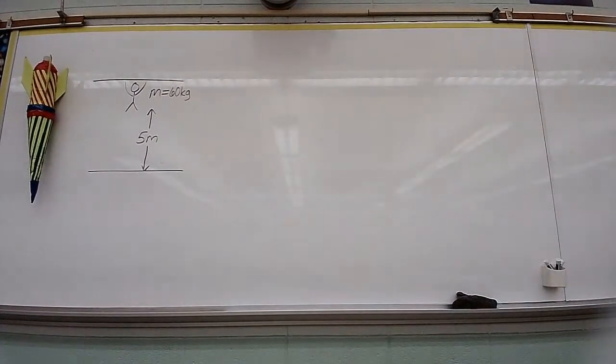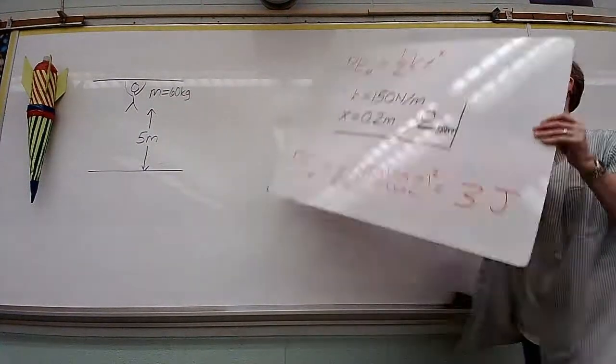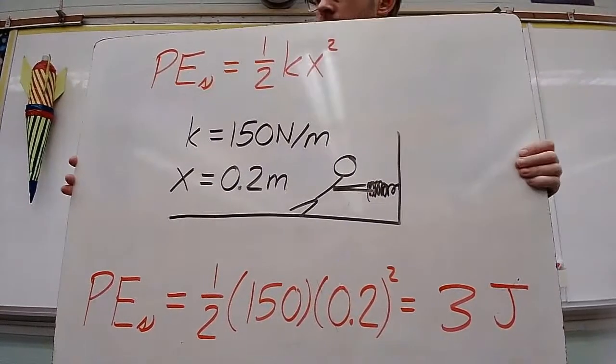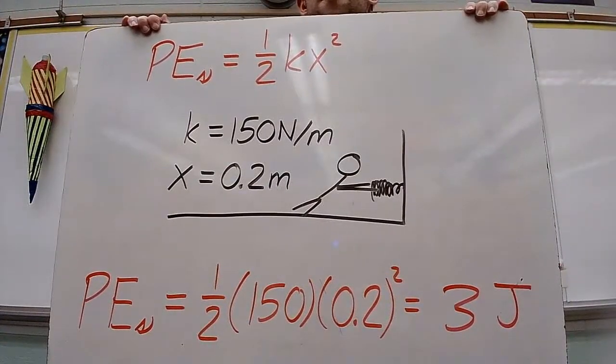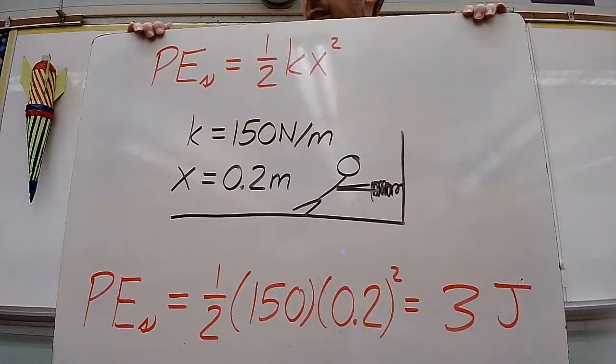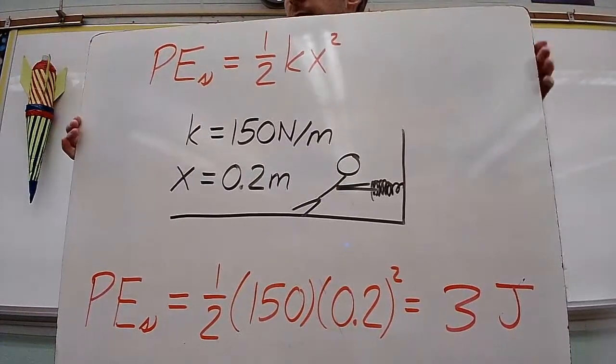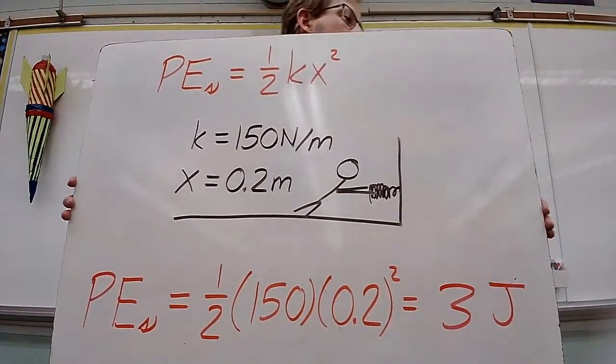The next example that you can do is this one. This is how to find spring potential energy. This guy's pushing on a spring that's attached to a wall.